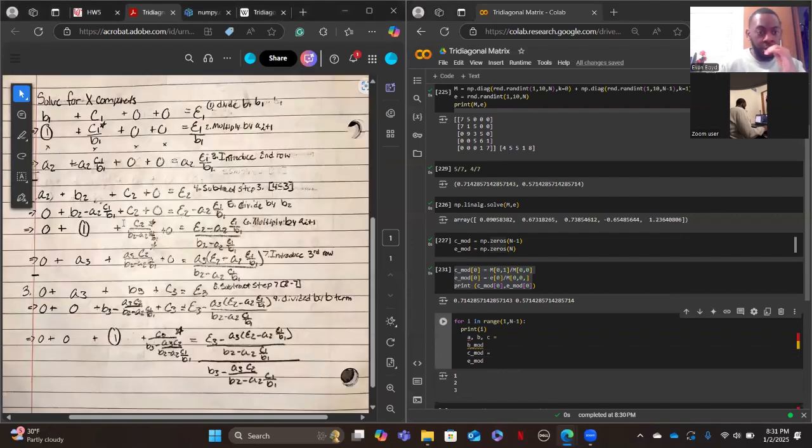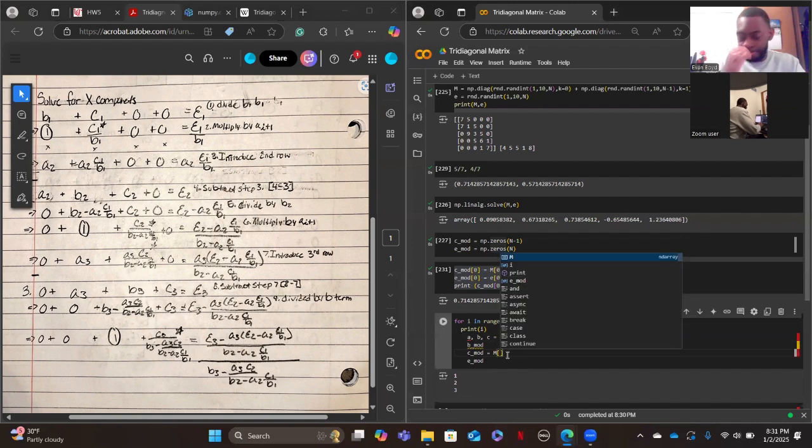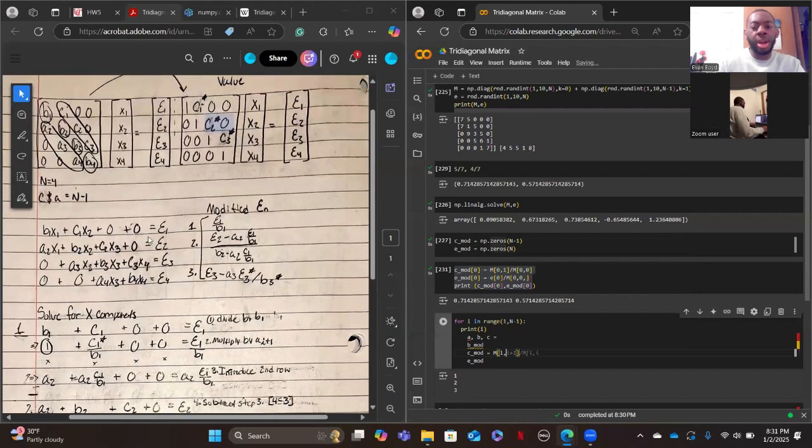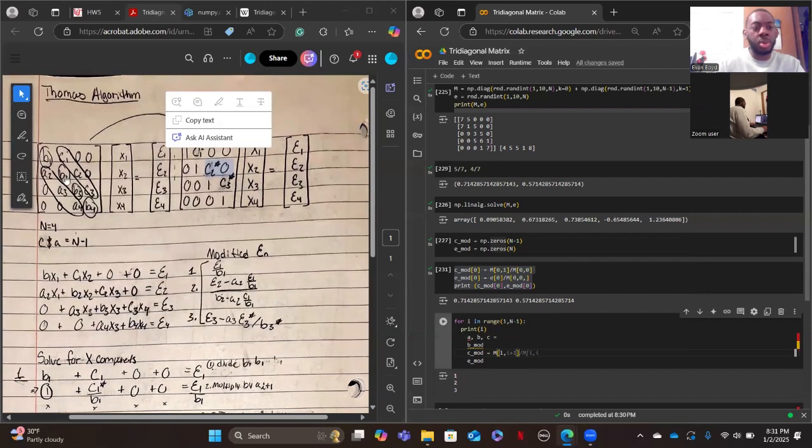We know that this would be our M at, oh yeah, we use I. That's why. So I in this case is 1. So it'll be at I, comma, 1.